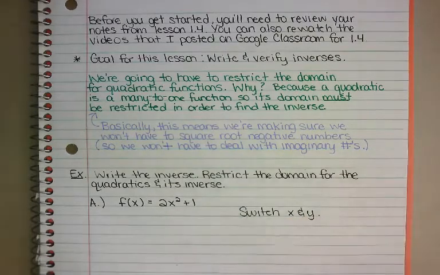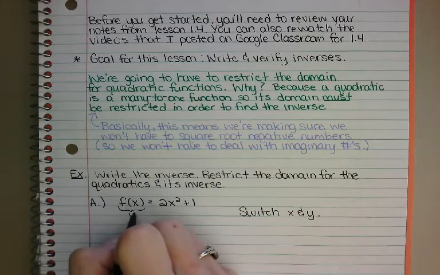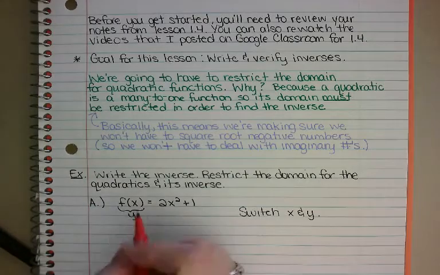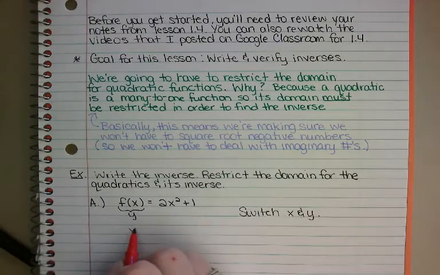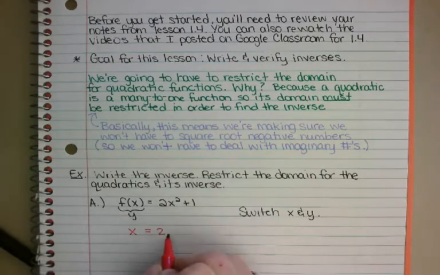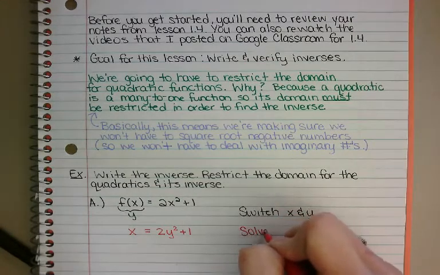And you can say, well, you don't have a y written. Remember, this is the same thing as a y. So I'm going to switch them. Instead of a y, I'm going to switch to x. Instead of an x, I'm going to switch to the y. And now I'm going to solve for y.